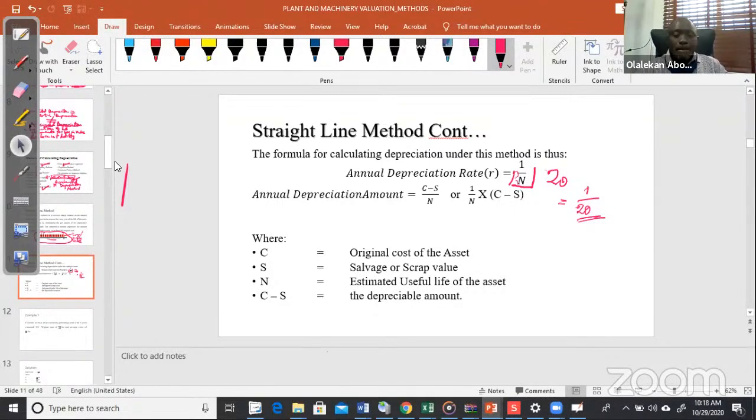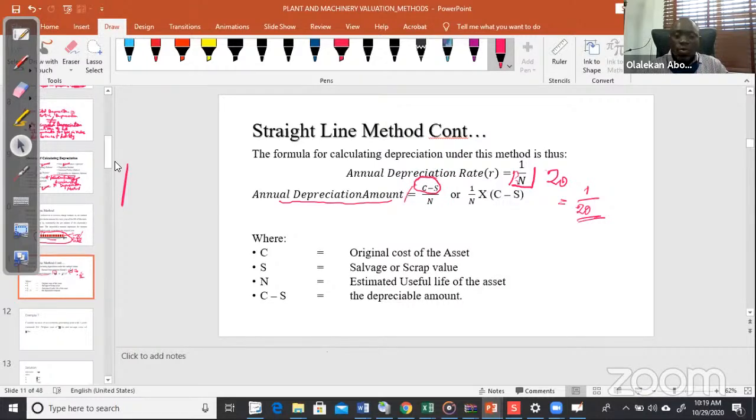Now, in this formula, apart from depreciation rate, you have what we call the annual depreciation amount. The person who asked, what is depreciation amount, please? You can see the formula now. Annual depreciation amount is the amount you charge. For these annual depreciation amounts, you can use the formula: cost minus salvage value or scrap value. What is cost minus scrap value or salvage value?